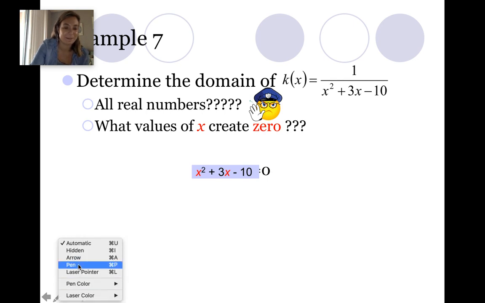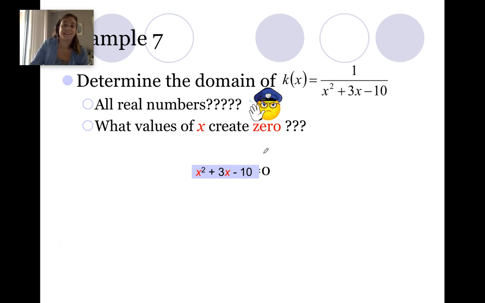I thought I had one more thing that was going to come up. I'll just say what they were. x equals -5 and x equals 2, because I had x plus 5, x minus 2. When I did the zero product property, I got these two.